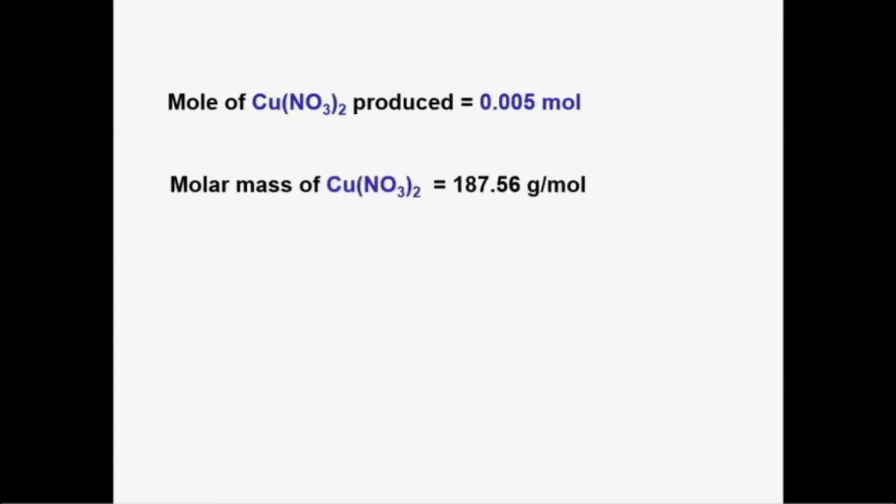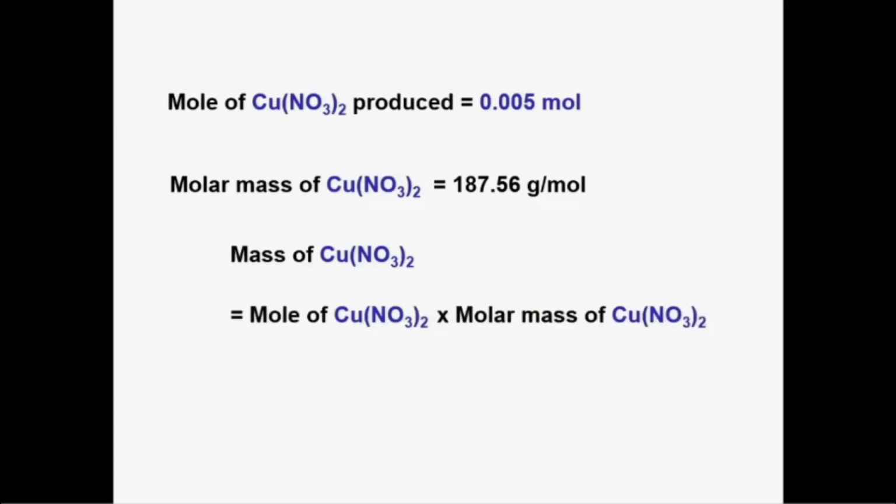Right. And then we are going to determine the mass of this copper II nitrate produced in this reaction. We are going to use the molar mass of copper II nitrate, which is 187.56 grams per mole. So mass of copper II nitrate equals moles of copper II nitrate times molar mass of copper II nitrate.